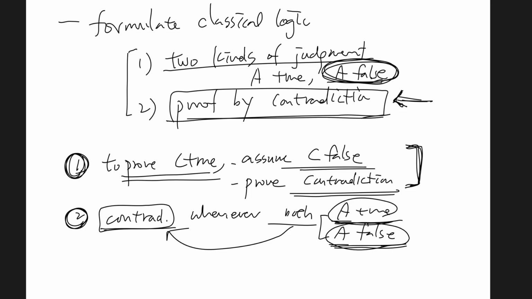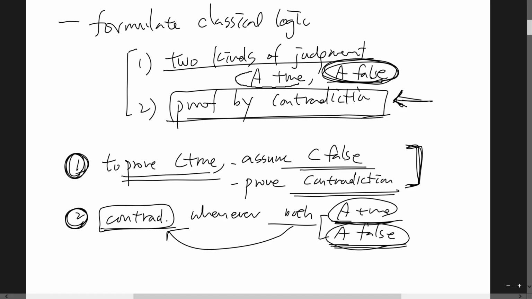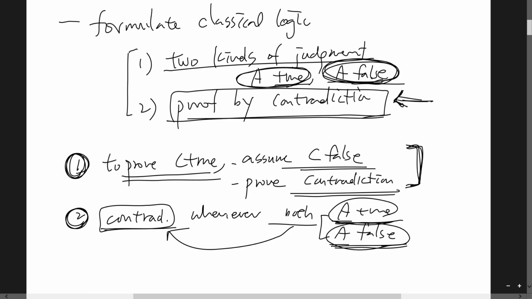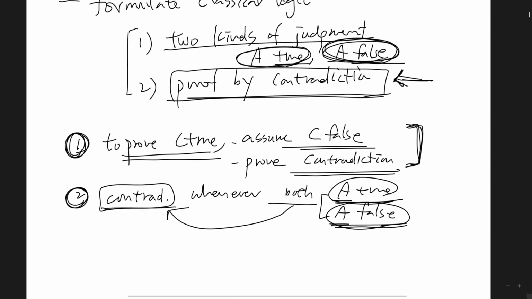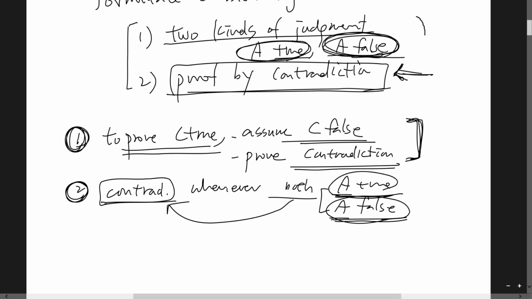And notice that we have now two kinds of judgment: truth judgment and false judgment. And it requires quite a bit of thinking to figure out the right form of hypothetical judgment, even with all these ideas.